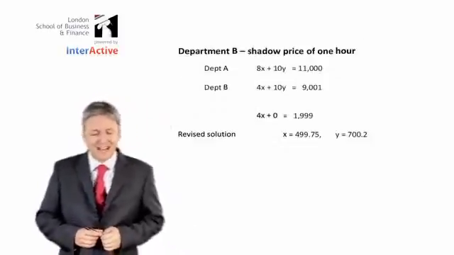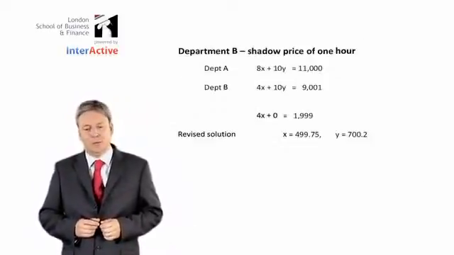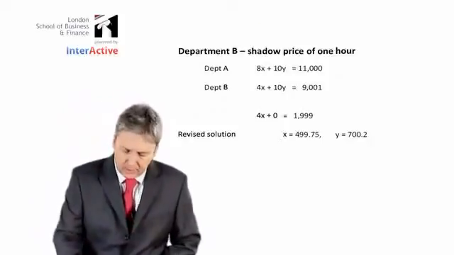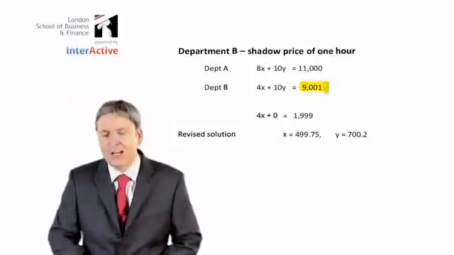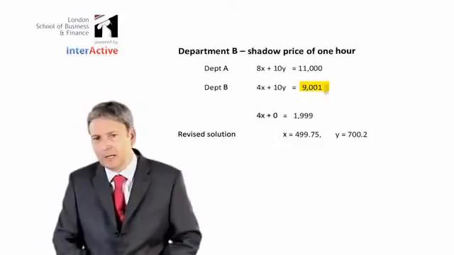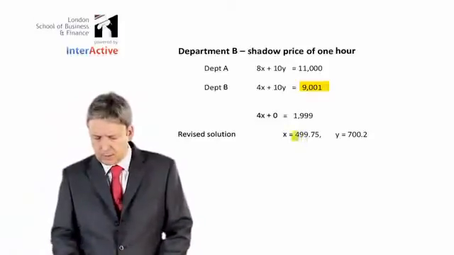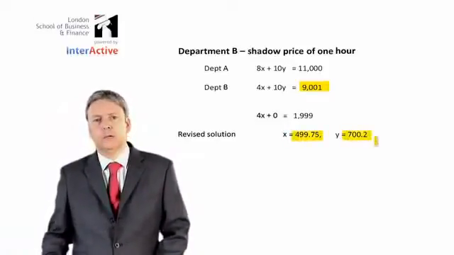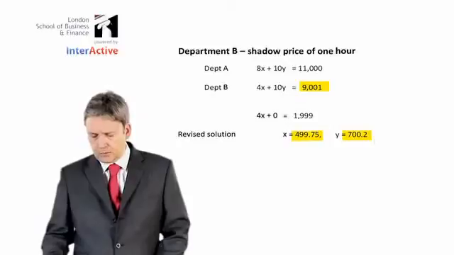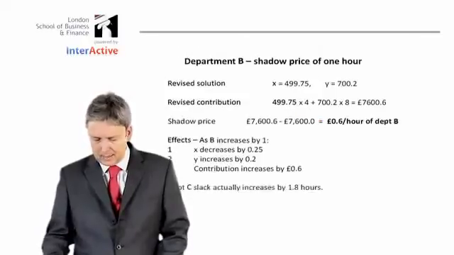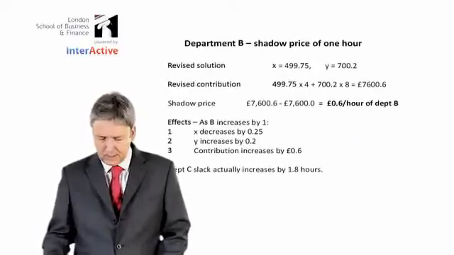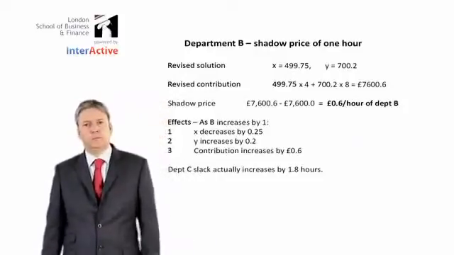Of course, we could do exactly the same thing in Department B. Note, all I've done is said where before we had 9,000 hours, now we have 9,001. And again, you can solve simultaneously to establish the revised solution for Department B. And once you've got that, you've got exactly the same sort of analysis that we talked about before.